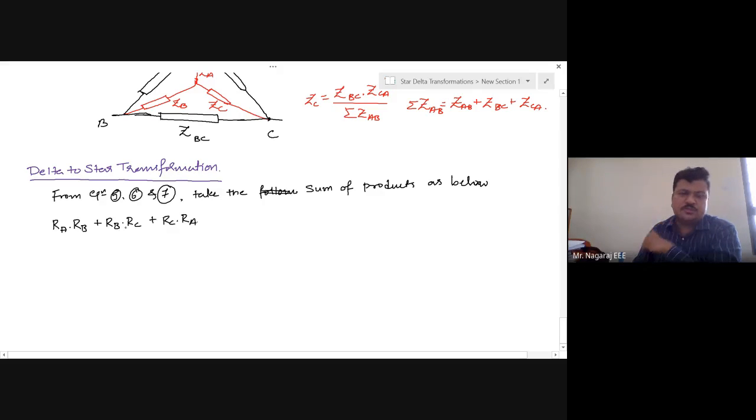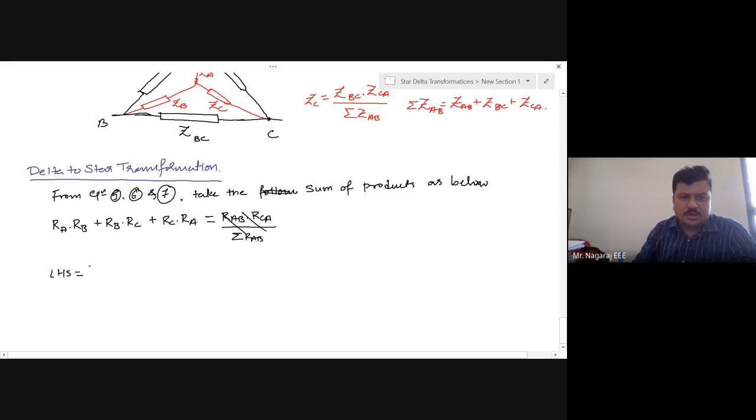In the RHS, I should be substituting all the values of RA, RB and RC in each sum term. So LHS equals RA into RB.